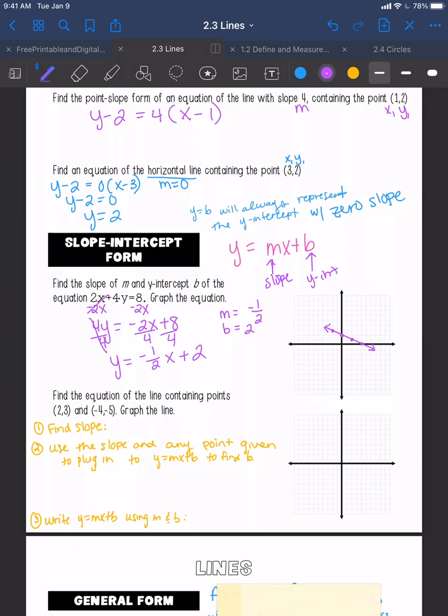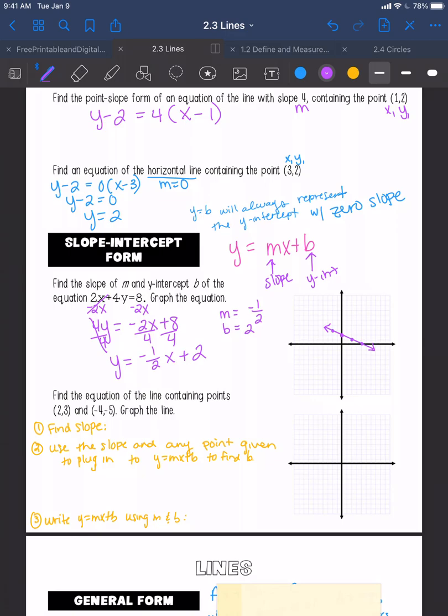Next, for us to find the equation of the line containing points 2, 3, and -4, -5, and graph the line. Okay. If we're using slope-intercept form, you have to have the slope. If you're using point-slope form, you have to have the slope. So, regardless of what type of equation we're doing here, we have 2 points. We need to know what the slope is.